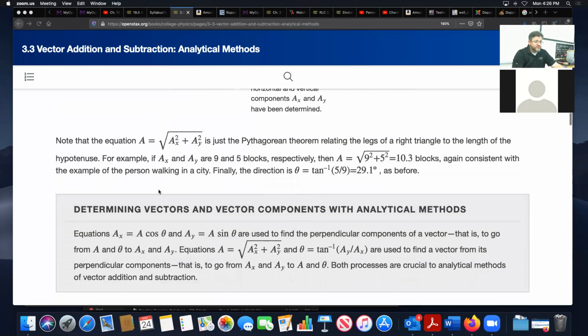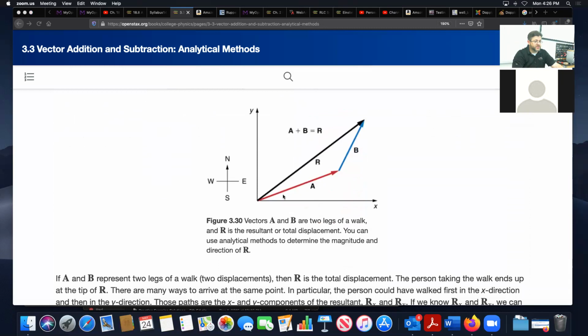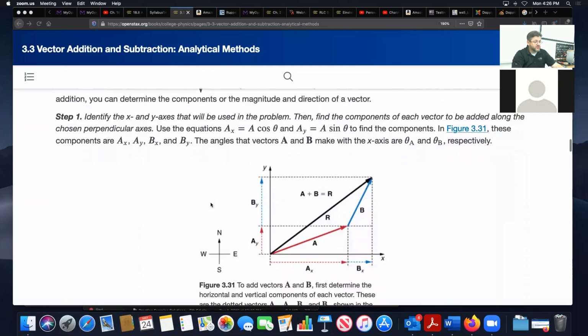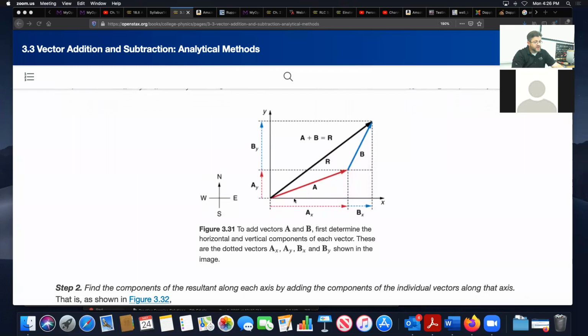However, if you have two vectors that are not perpendicular to each other, like A and B here, you can't just say this one squared plus this one squared equals this one squared, because that's not true. Pythagorean theorem does not apply in this situation because there's no right angle in this triangle. So we can actually use our system of breaking things into components. You can break the A vector into its X and Y components. Then you can break the B vector into its X and Y components.